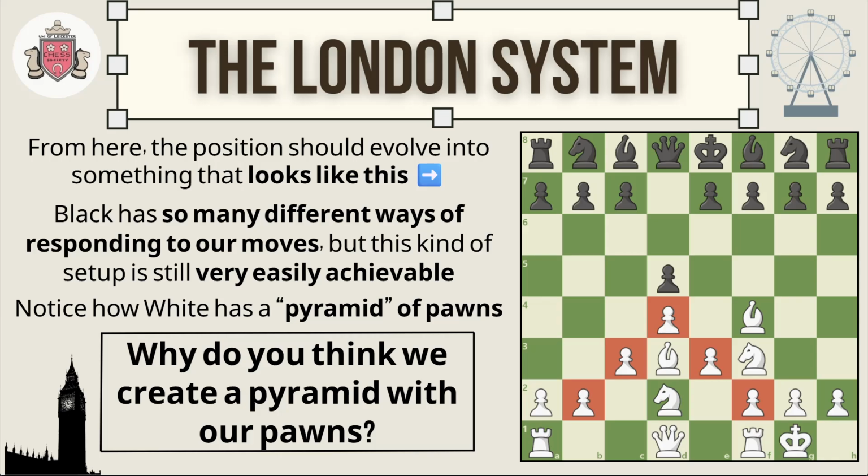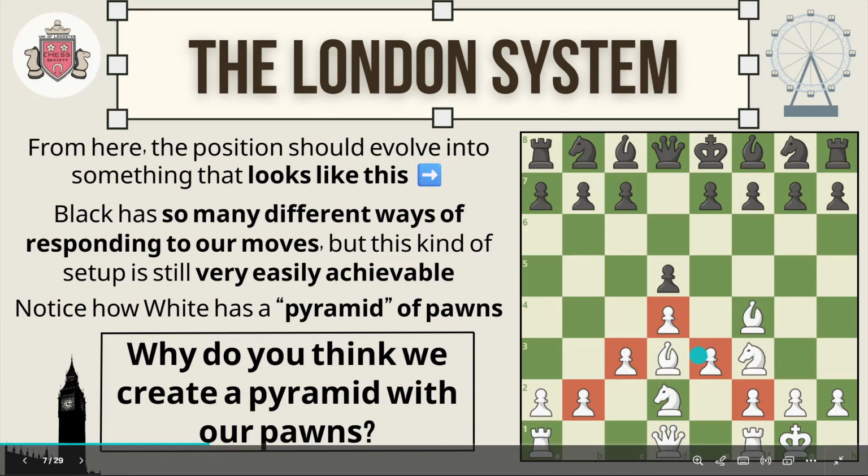The reason people feel so strongly about it is because it's very straightforward to understand. You play all the exact same moves over and over again, and regardless of whatever Black, your opponent, does, you still pretty much get the same kind of structure. That structure itself looks something like this, right?